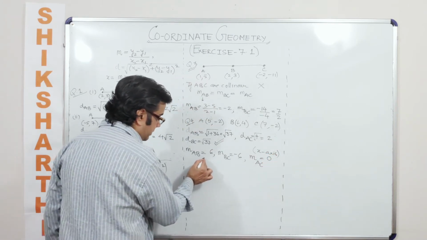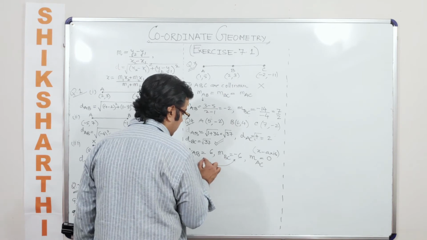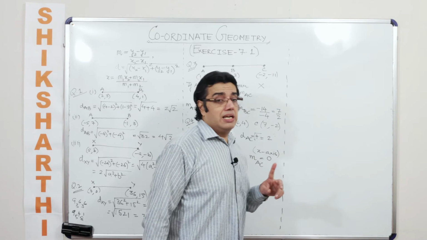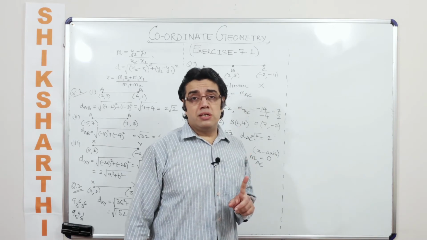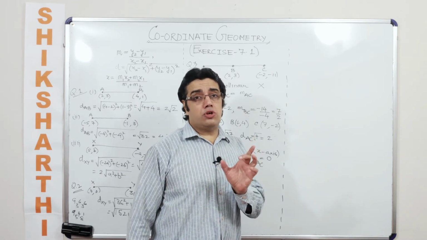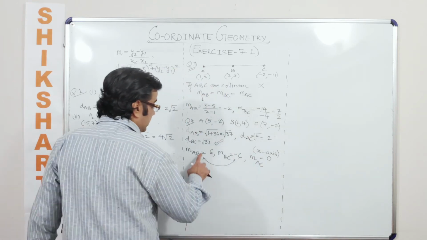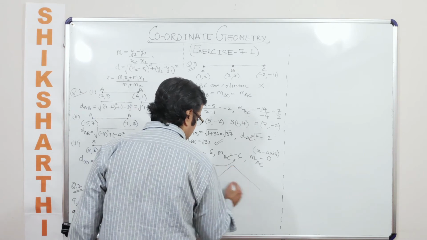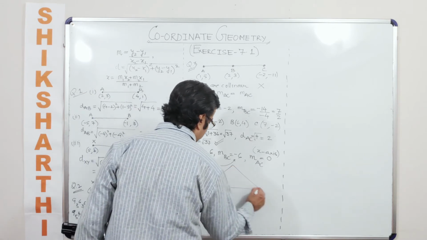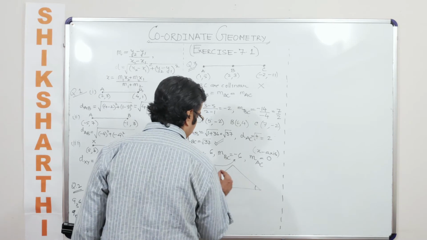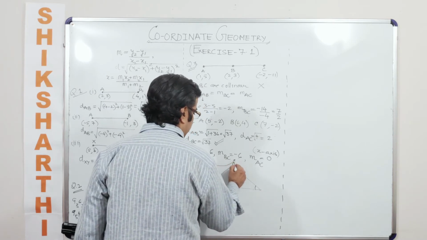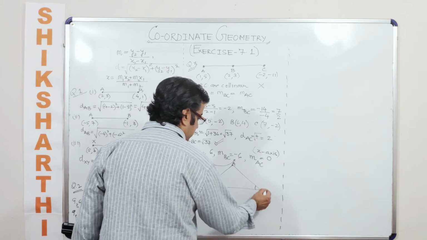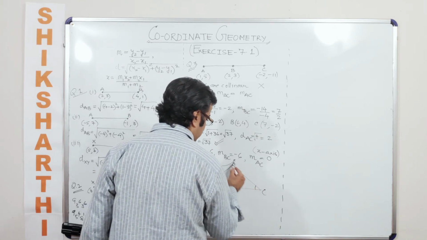Now, can we infer that these two slopes are equal? Why can we infer? Because when we are using the slope concept, take only the measure, not the polarity. Now, if I say this is an isosceles triangle, which I am saying yes, it is, then these two angles are equal, and this is A, this is B, and this is C. As we have talked about in our videos, can I say this slope is positive?